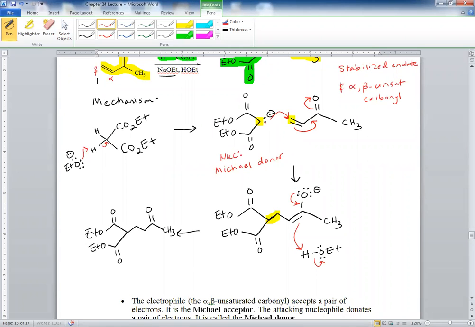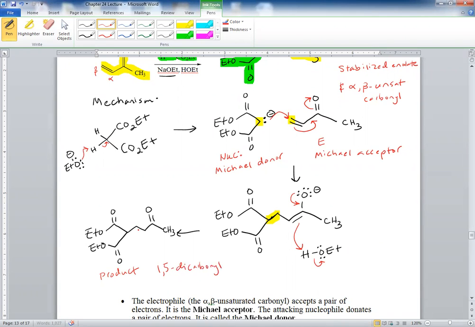So it donates a lone pair to form a bond, and this is obviously the electrophile. And we have a name for it. It's called a Michael acceptor. And what they form, the product, is what we call a 1,5 dicarbonyl.